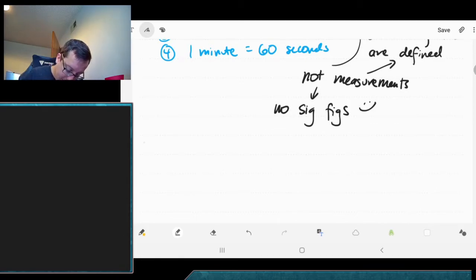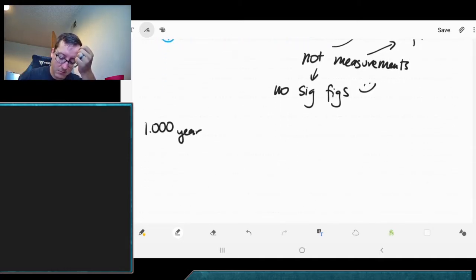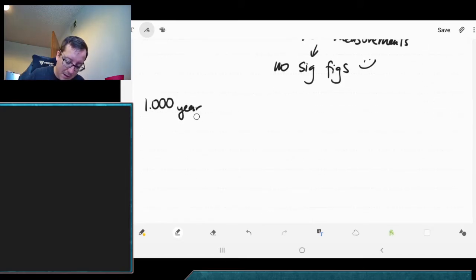All right, so how this works is we're essentially going to be using these conversion factors as fractions. And the beauty about this is since 1 hour is equal to 60 minutes, let's take one step backwards here.